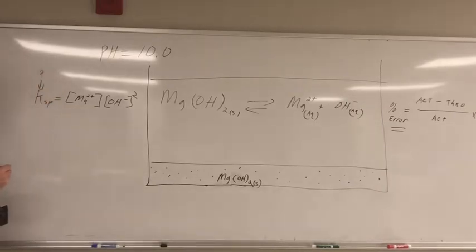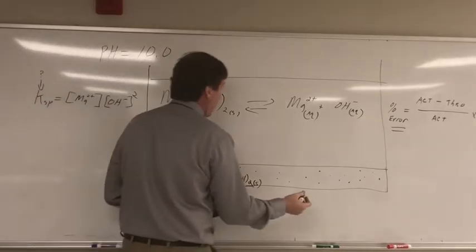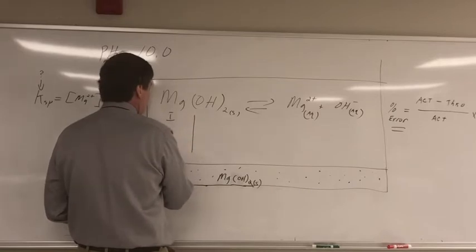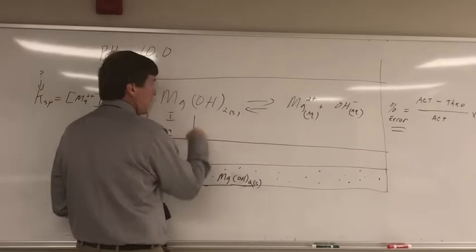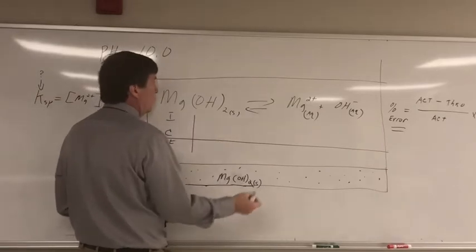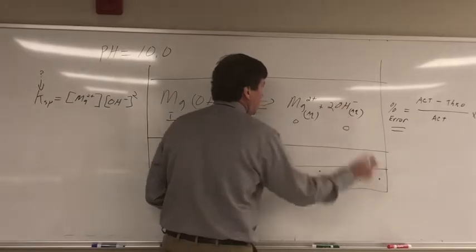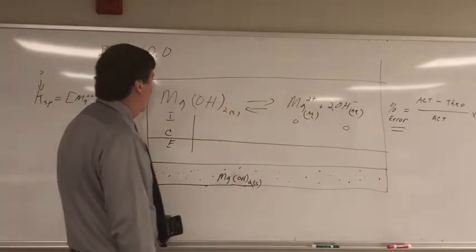All right? Well, if we were going to do an ICE problem, we would have ICE, and we've got our straight line here through this solid. We'll start off with 0 and 0. Make sure we get the stoichiometric coefficients there.